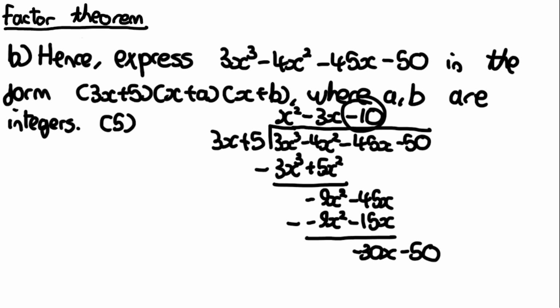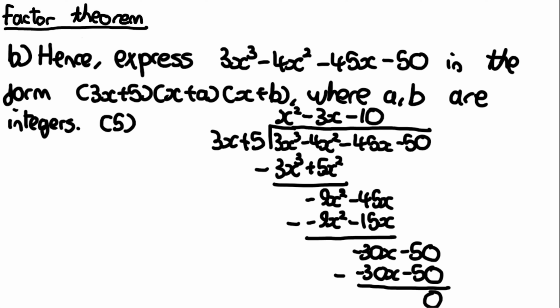Then we're going to times the minus 10 by the 3x plus 5 to get minus 30x minus 50, and then we're going to minus, and these two are just going to cancel out. Then it's going to be minus 50 minus minus 50, which is going to be minus 50 plus 50, and this is going to be 0.